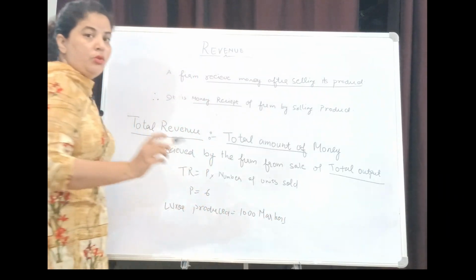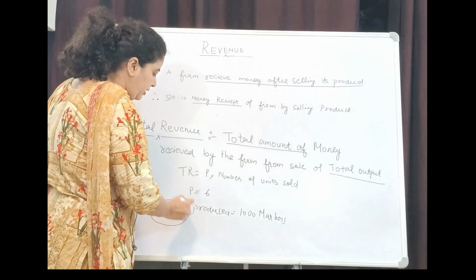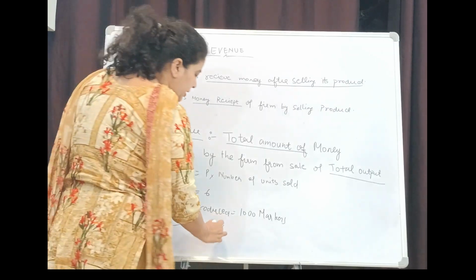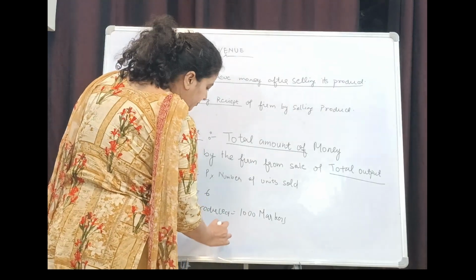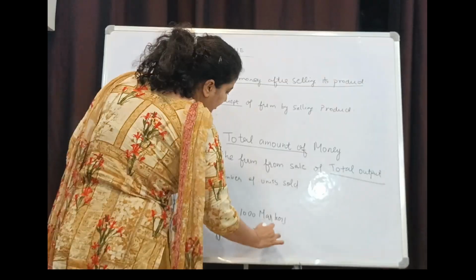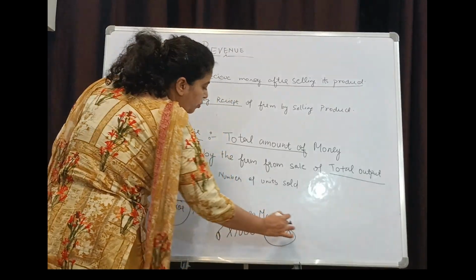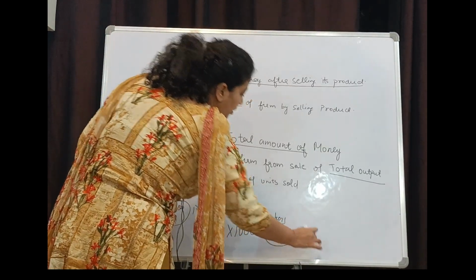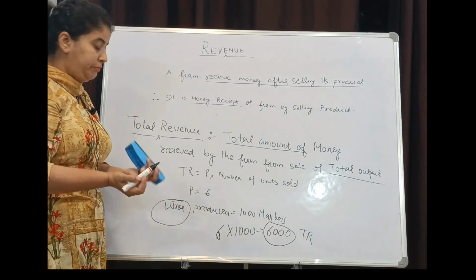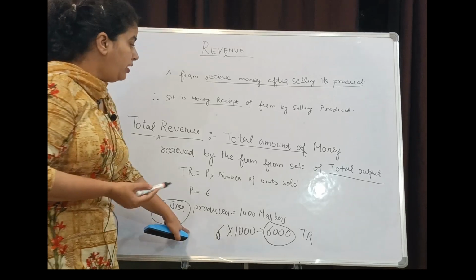So the revenue of the firm Luxor, total revenue, would be 6 into 1000, that is 6000. That is the total revenue of Luxor company, which is producing markers. So this is total revenue.